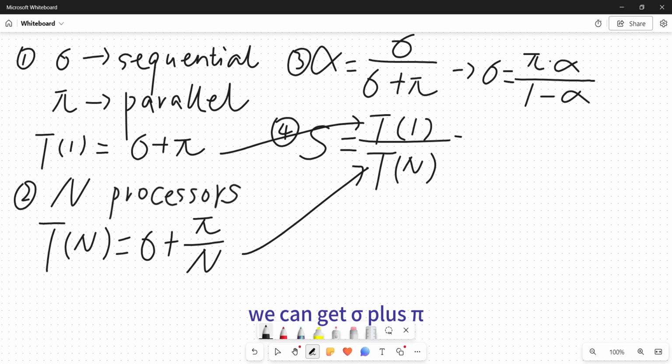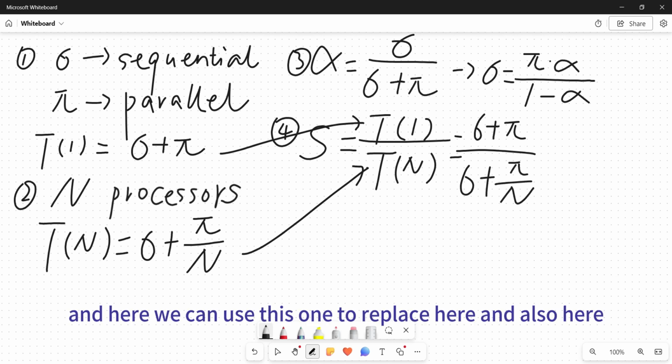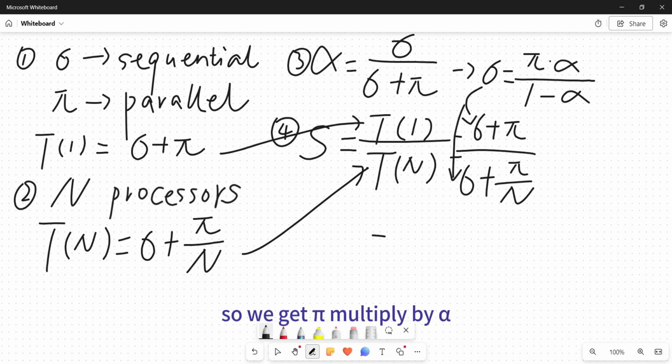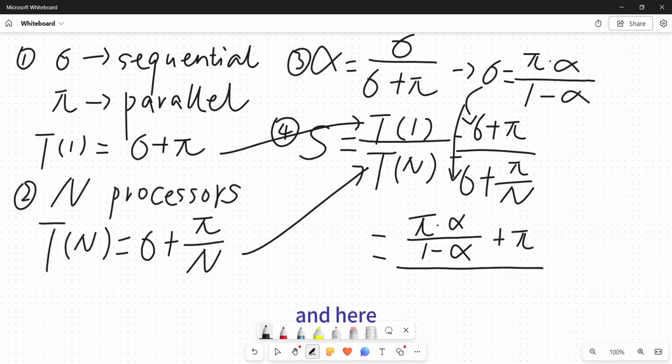We can get theta plus pi and theta plus pi divided by n. And here, we can use this to replace theta here and also here. So we get pi multiplied by alpha divided by 1 minus alpha plus pi, and here.